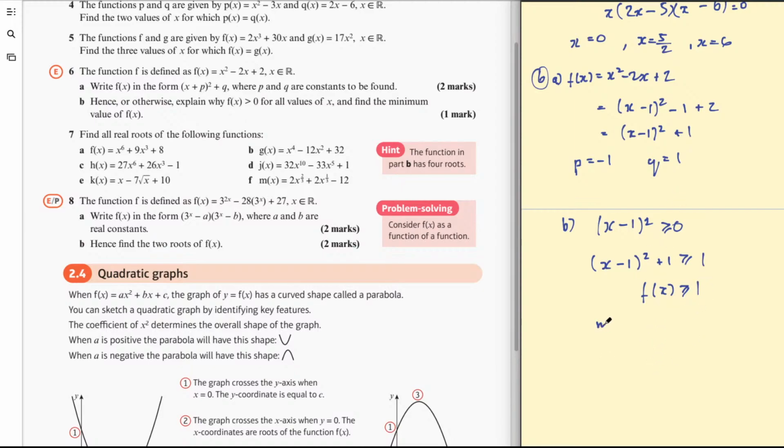So we could just finish off with the minimum value equals 1.